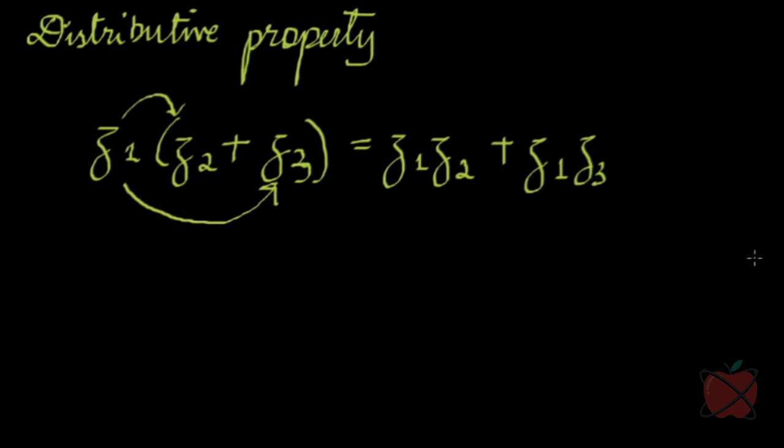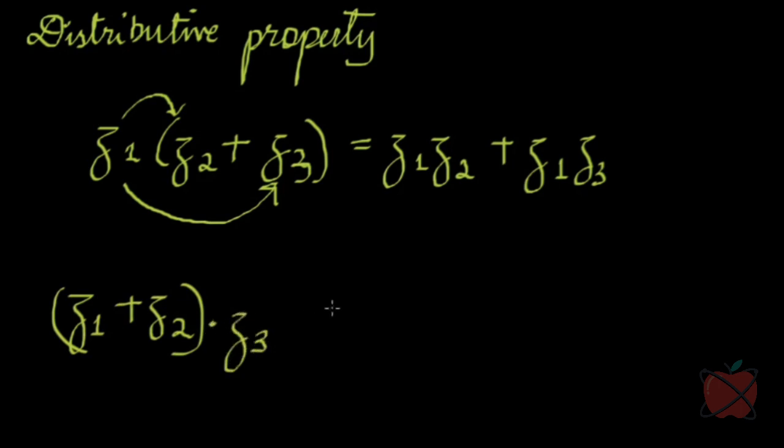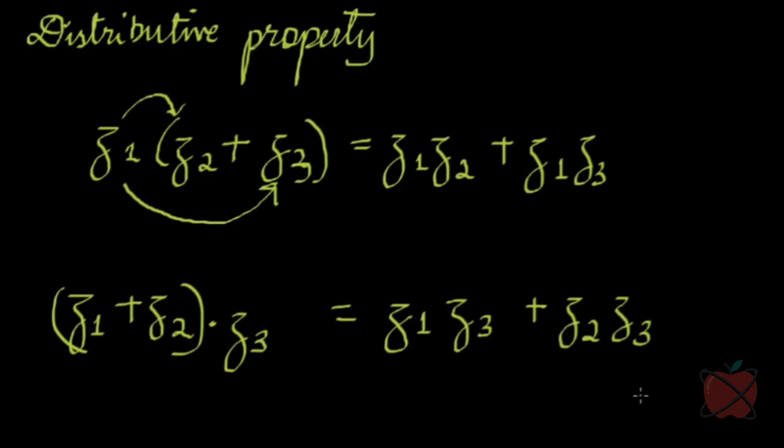That's why it is called the distributive property. You could have it the other way around as well. Suppose you have the addition of z1 and z2 multiplied with z3. So it will follow the same logic. You'll get z1 multiplied with z3 plus z2 multiplied with z3. This is known as the distributive property. Why? Because we're distributing z3 with z1 and also with z2.